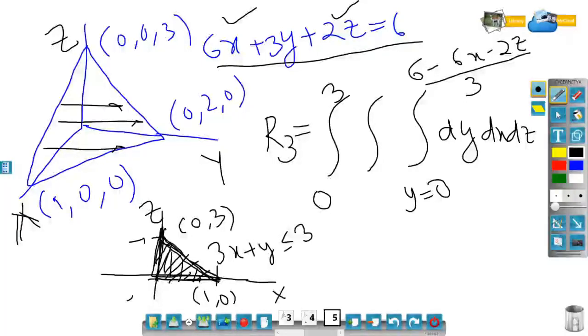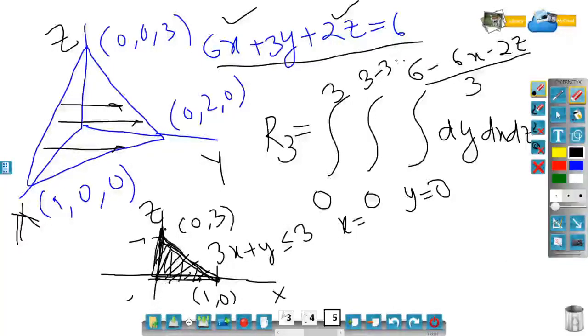I need to write down the limit of x, so I should write x as (3 minus z) divided by 3.